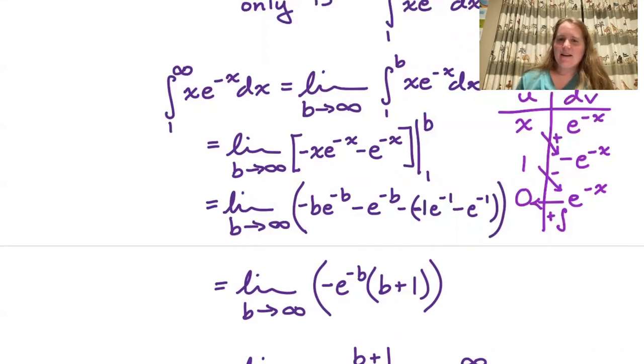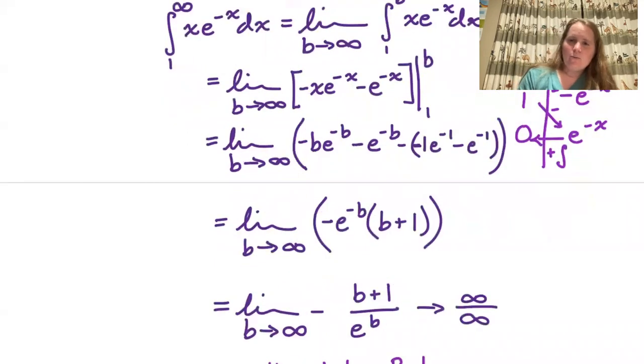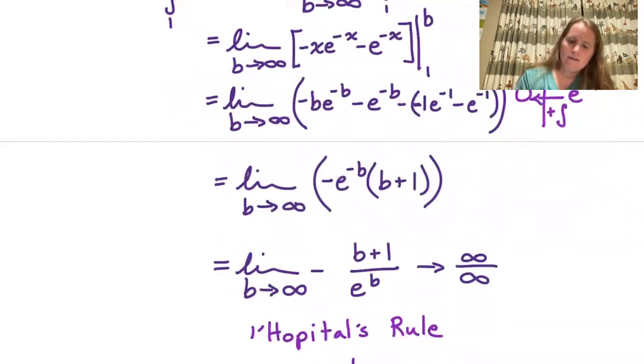I should have had negative 1 e to the negative 1 when I plugged in my 1. So here's my little correction there. It should have been a negative 1 e to the negative 1 minus e to the negative 1.